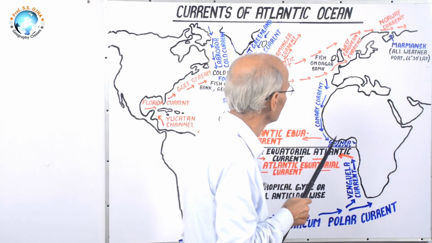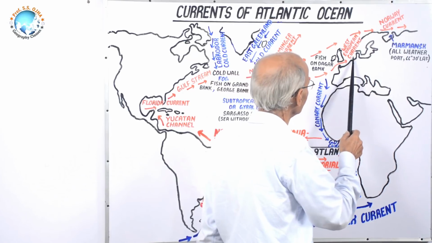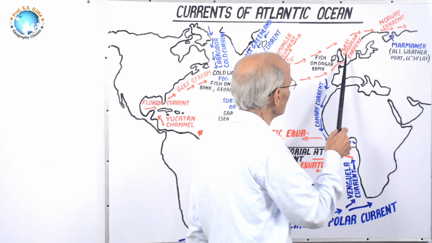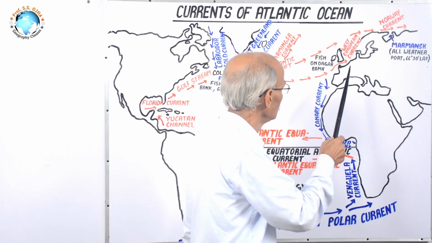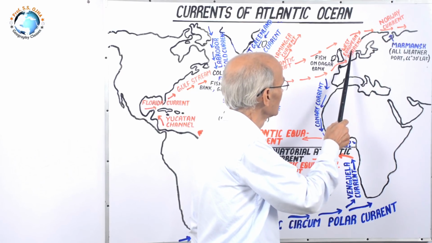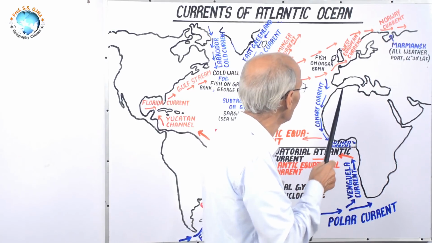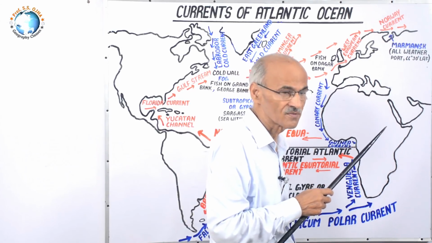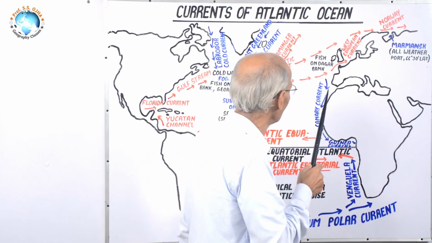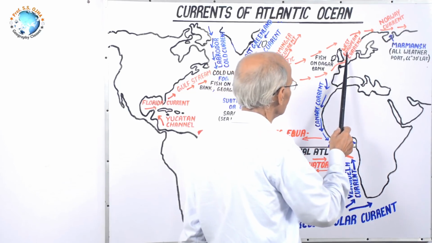That is a different thing. But here we have to study that on the west of Europe in the North Sea there is a bank called Dogger Bank, which is world famous for fishing. Now its cause we have studied.